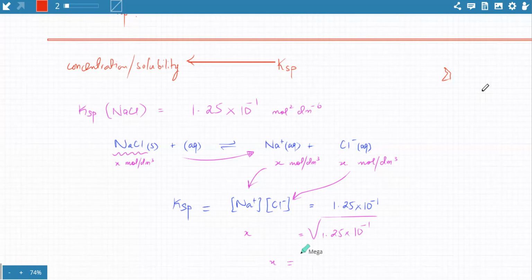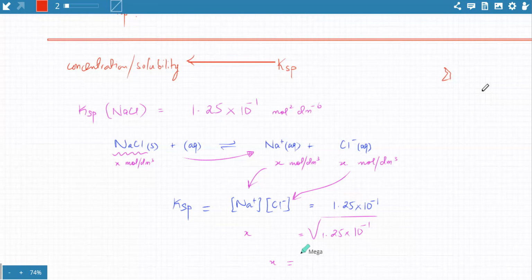Just 1 second. How do we do this one? Can you take the square root of... I've got it, 1.25 e minus 1, that gives me 0.353 or 0.354.